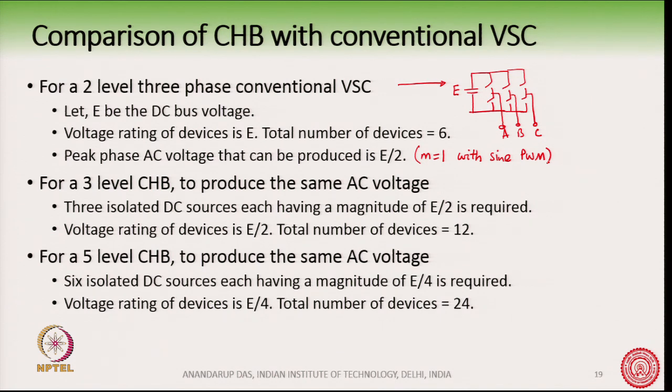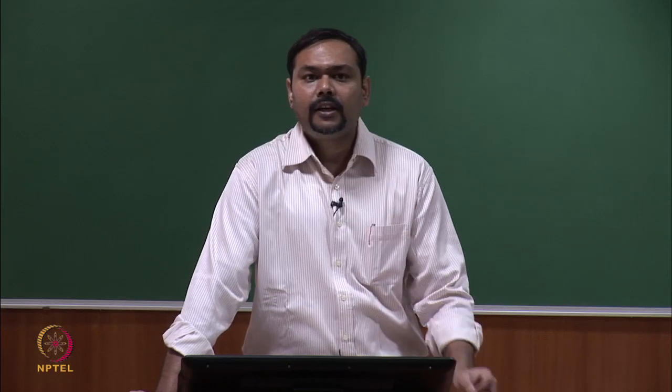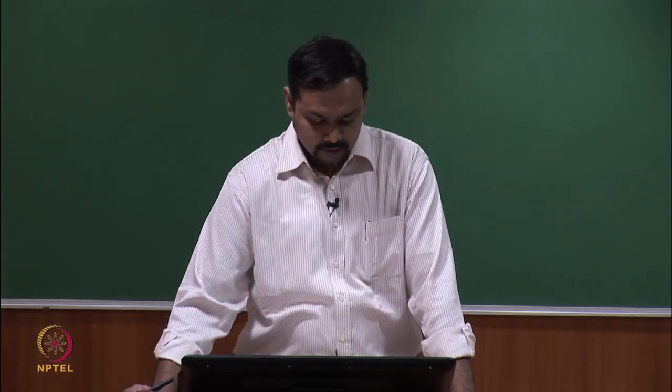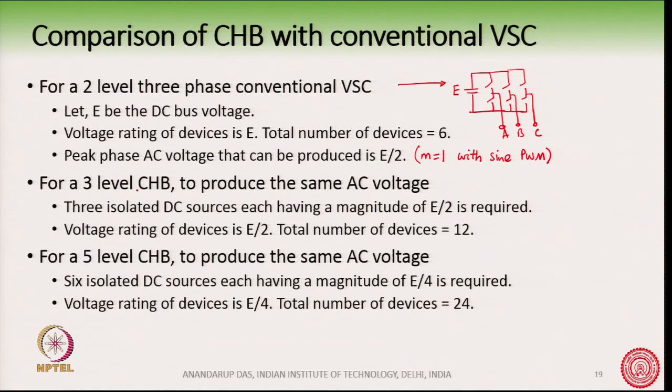Now, let us compare this with a 3 level 3 phase CHB, and also a 5 level 3 phase CHB. For a 3 level 3 phase CHB, if we want to produce the same AC voltage, then we need 3 isolated DC sources, each having a magnitude of E by 2.